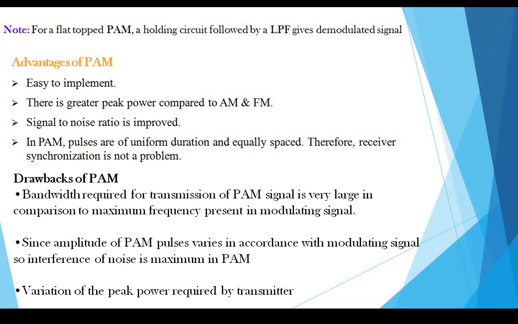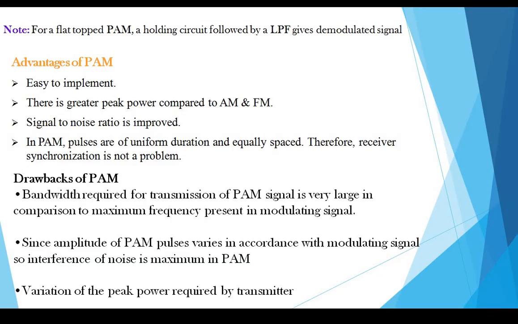Second, the amplitude of the PAM pulses varies in accordance with your modulating signal, so the interference of noise will be maximum in PAM. The variation of peak power required by the transmitter is also large. These are the drawbacks of pulse amplitude modulation.